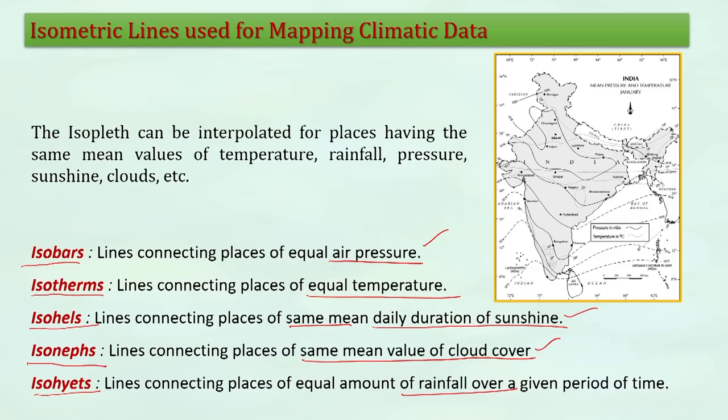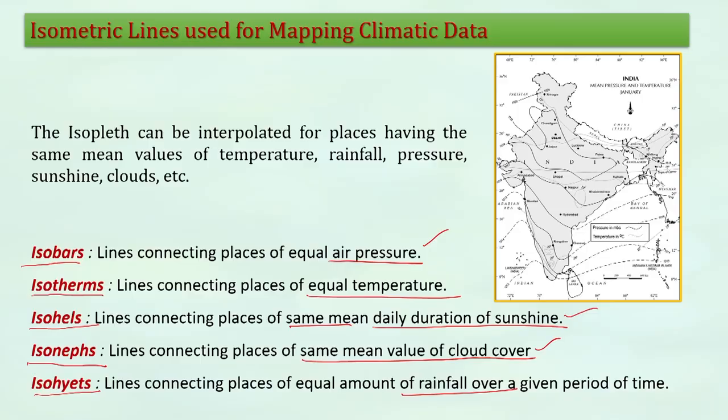There is a separate map to show the temperature. There is a separate map to show air pressure. There is a separate map to show rainfall. But as per our today's class, the weather map, okay, will show different kinds of weather parameters, including temperature, air pressure, rainfall, sunshine in the same map.